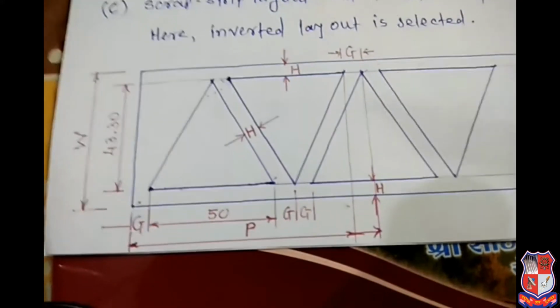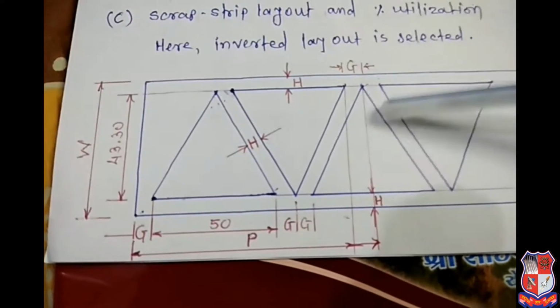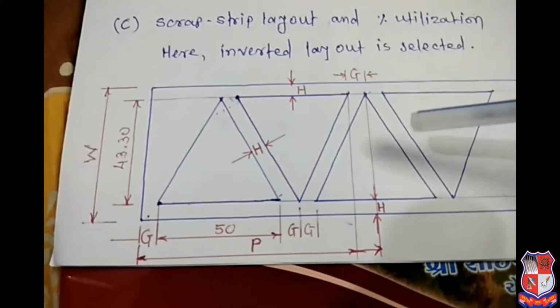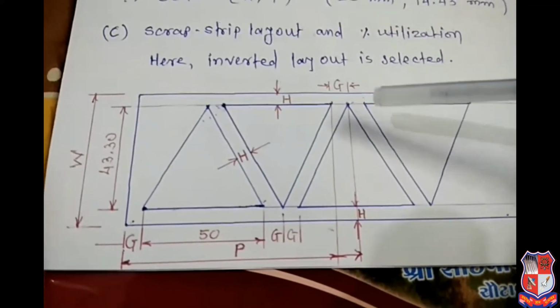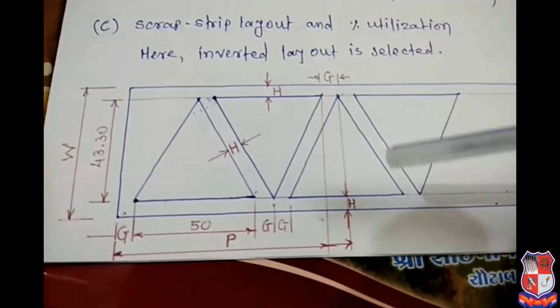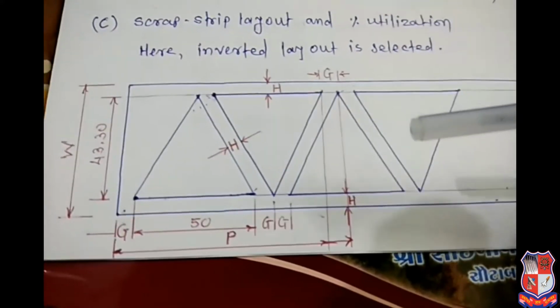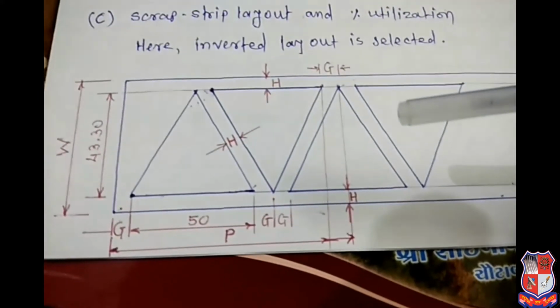I have calculated that, but it is not efficient, so I'm not showing that part. I have directly chosen the inverted layout, which will be more beneficial than the single pass straight layout, and obviously your percentage utilization will be more in this case, so this will be a more material saving layout.